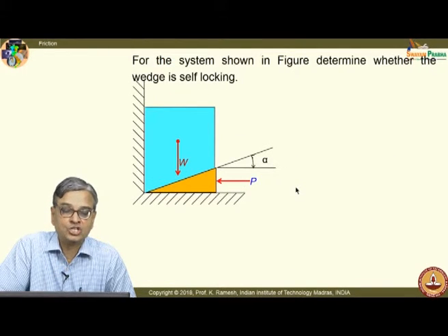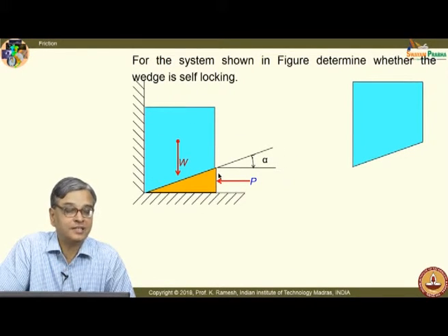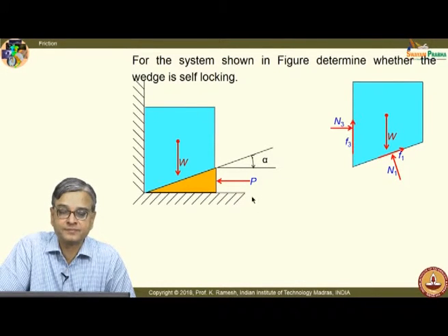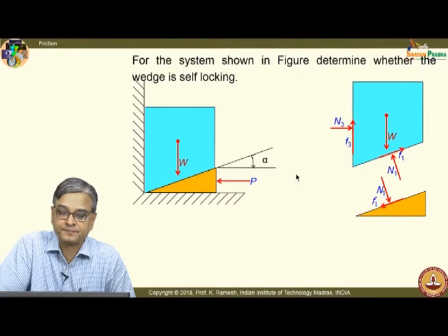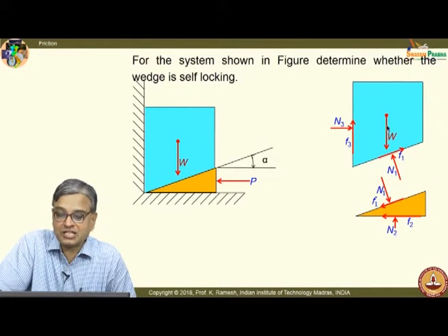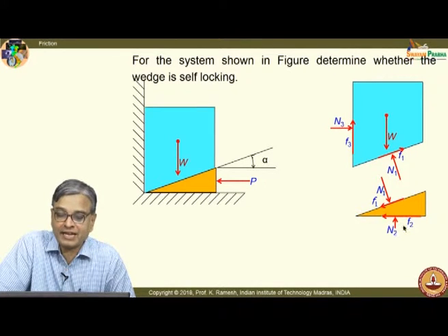So, I have the same situation. Now, I do not have the force P, P is 0. Now, I would have to put the frictional direction opposed. Now, this will try to push this out. So, look at the frictional direction, they are all different.